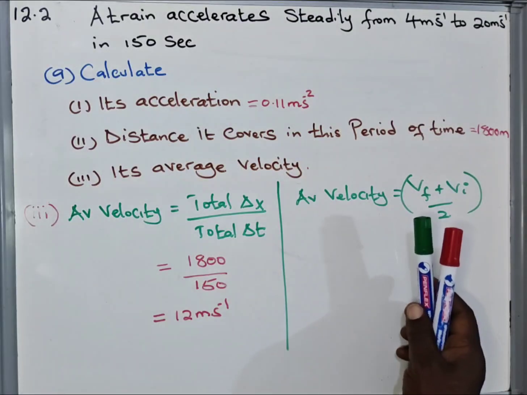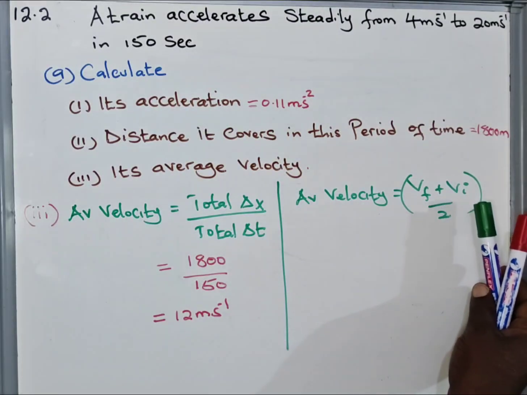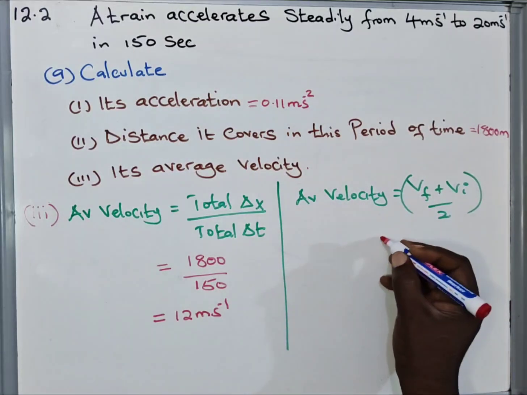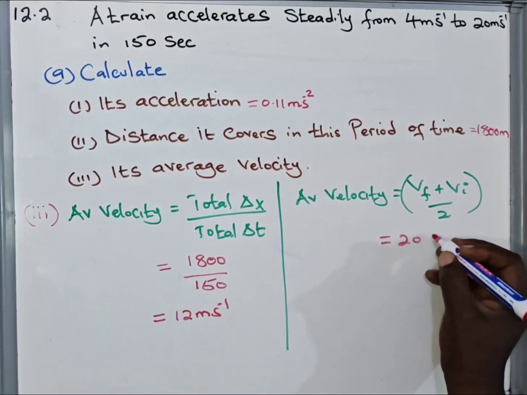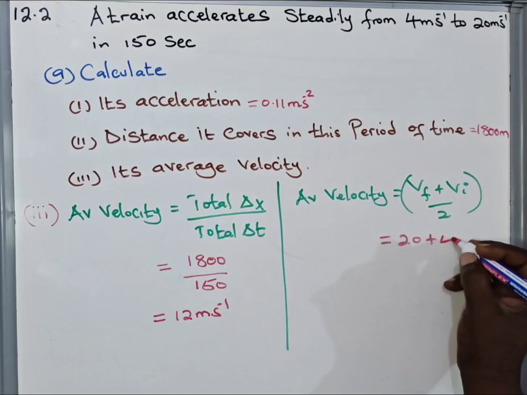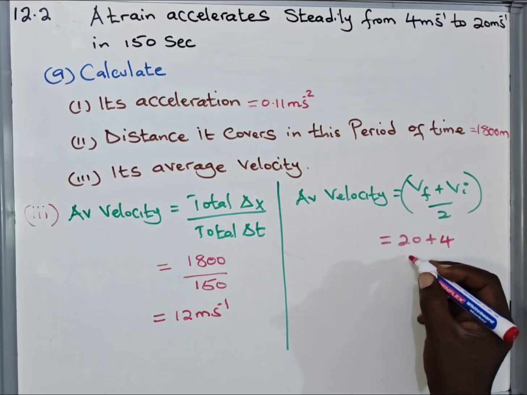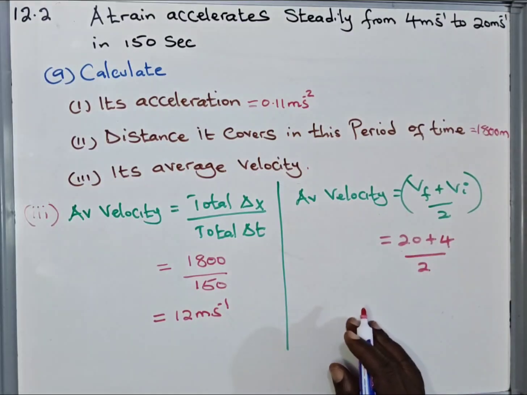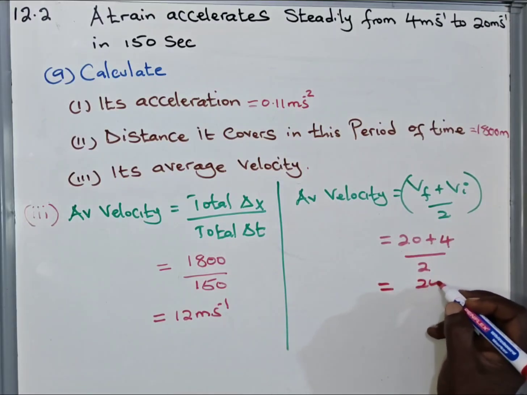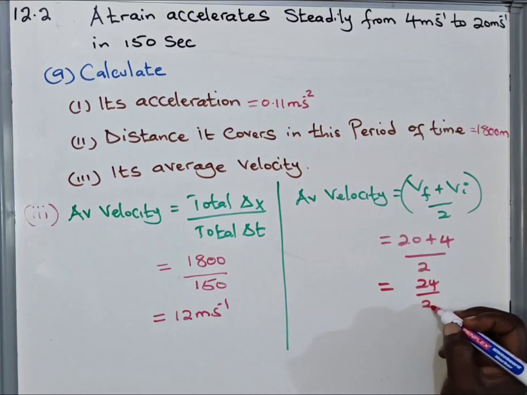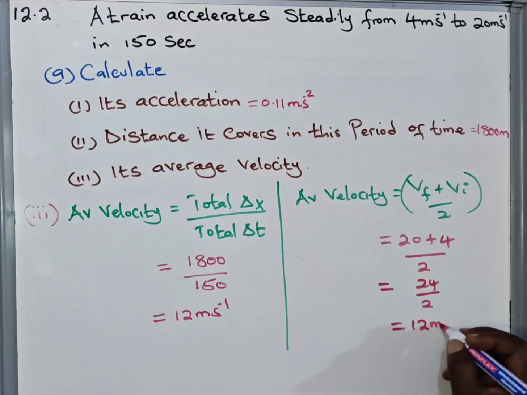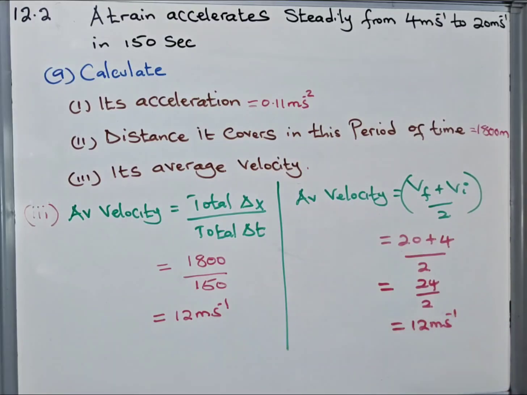So here we have two velocities, the final and initial. You add them and divide by 2. The final velocity is 20 and our initial velocity is 4, so we get 24 divided by 2, giving us 12 meters per second.